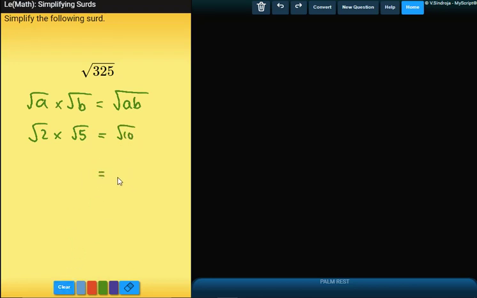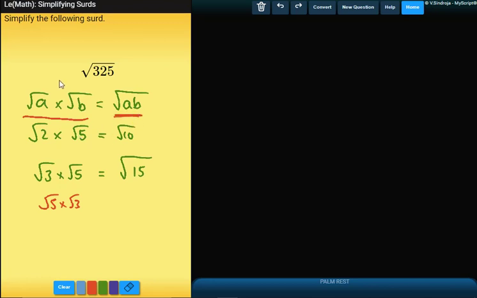So for example, root 15 is equivalent to root 3 times root 5. Obviously multiplication works in any order, so you can have it written this way and it's the same. So that's one of the basic laws of surds. If you multiply two surds together, you can combine them into one surd.